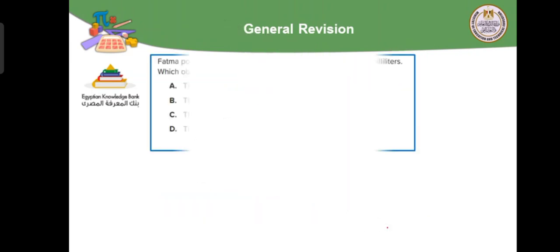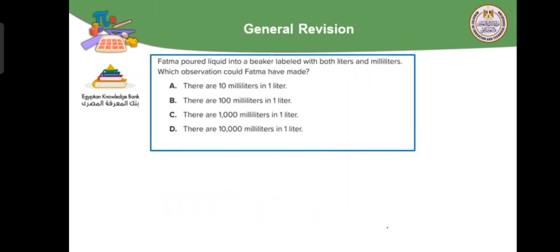Fatma poured liquid into a beaker labeled with both liters and milliliters. Which observation could Fatma have made? She poured liters and milliliters.